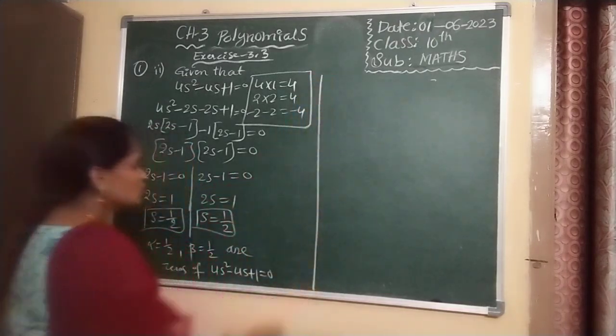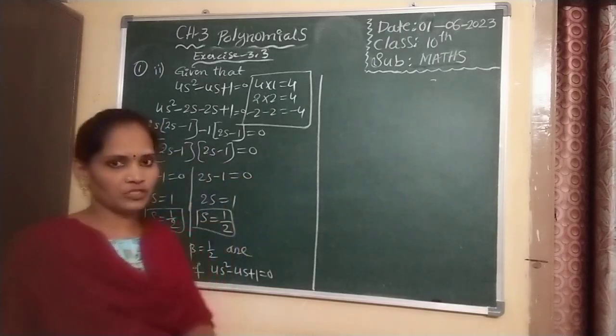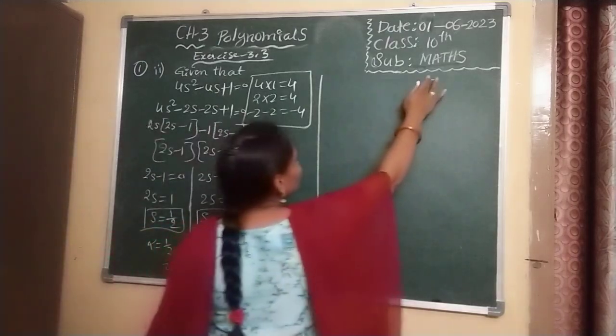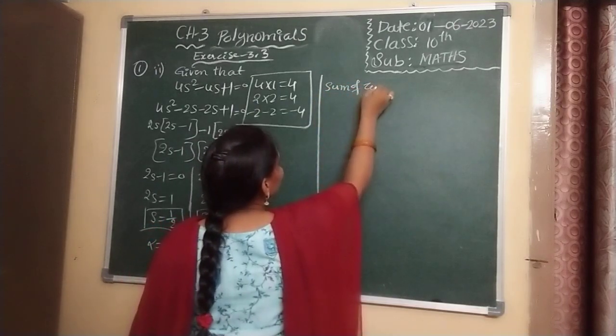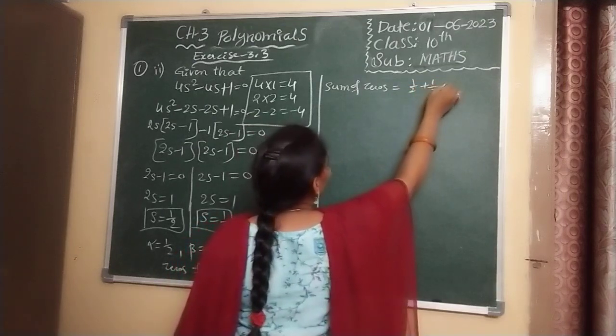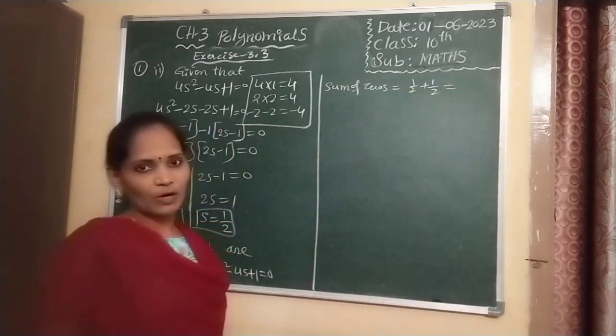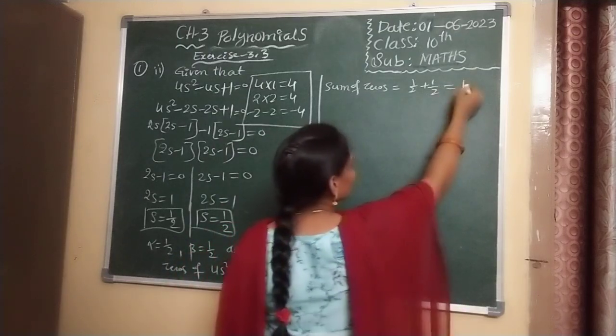Now we should find the relationship between the zeros and coefficients, right? Sum of zeros: 1 by 2 plus 1 by 2. Half plus half, simply what we will get? 1. Otherwise take the LCM also, we will get 1.